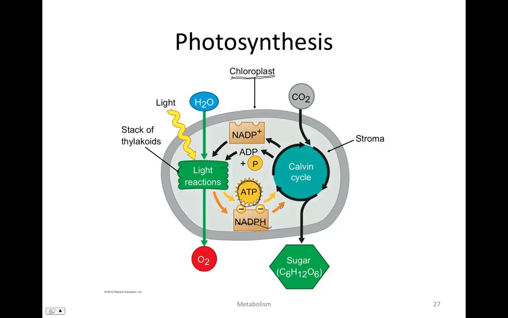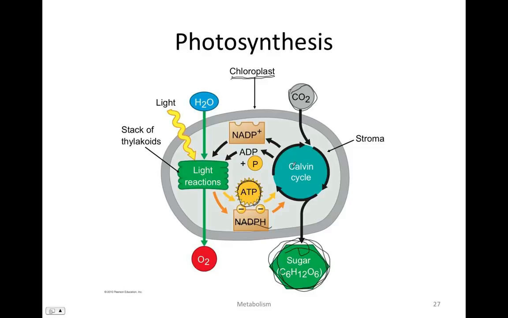Those high energy compounds are then used to take carbon dioxide and make sugar with it, glucose. All right, so the photosynthesis happens in the chloroplast.